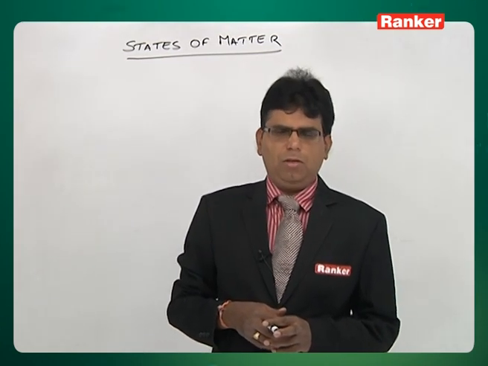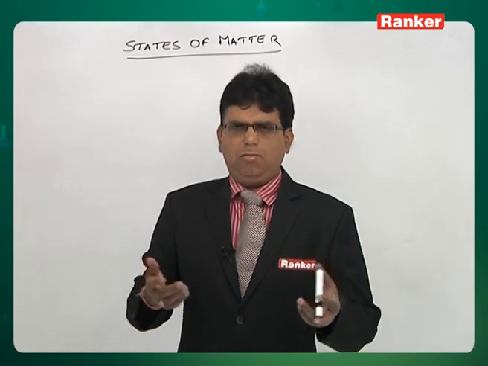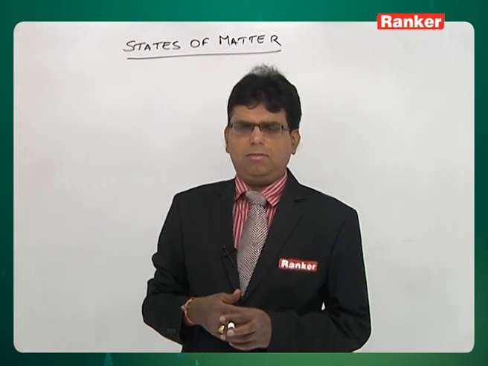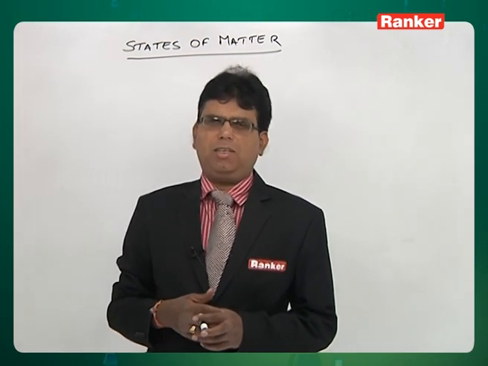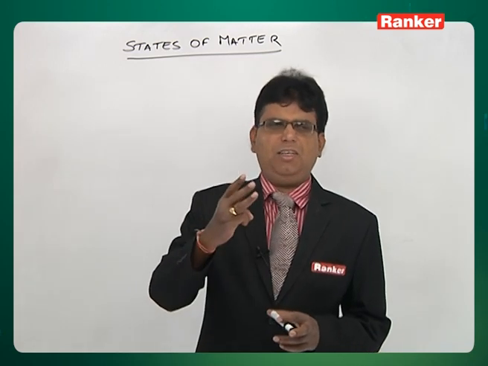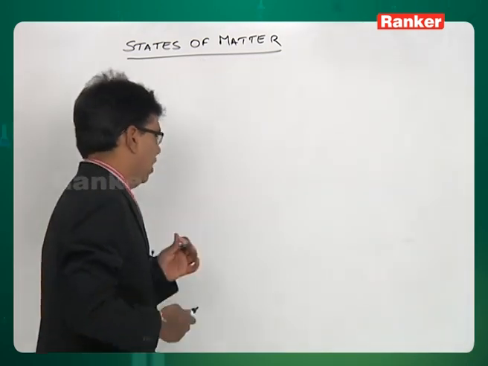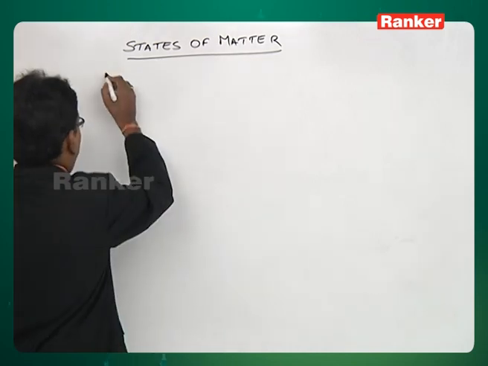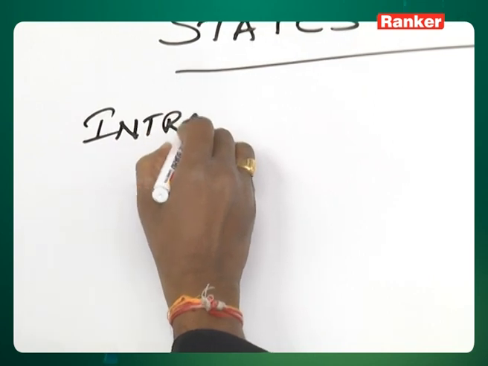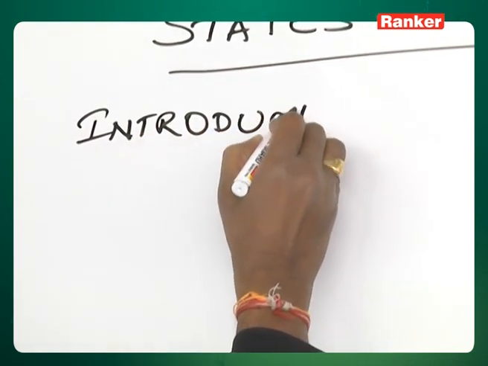Now, as all of us know very well, matter and the different parts of matter will exist mainly in three different physical states. First, a little introduction to the topic.